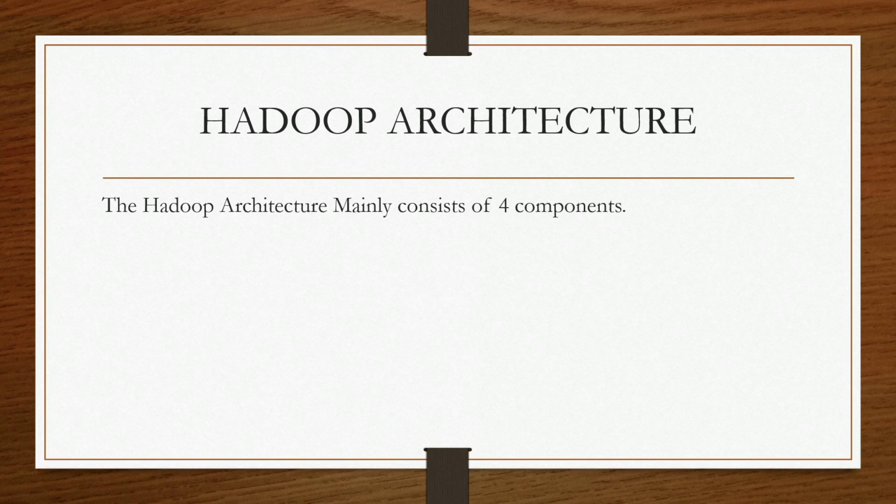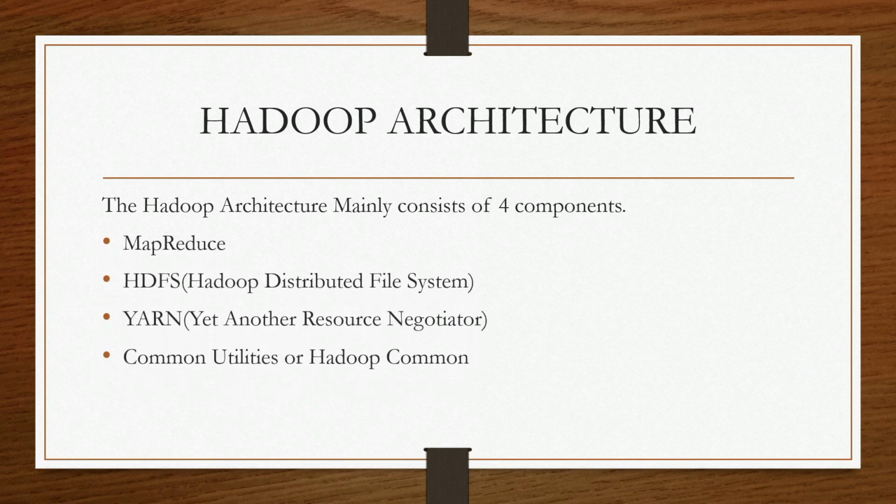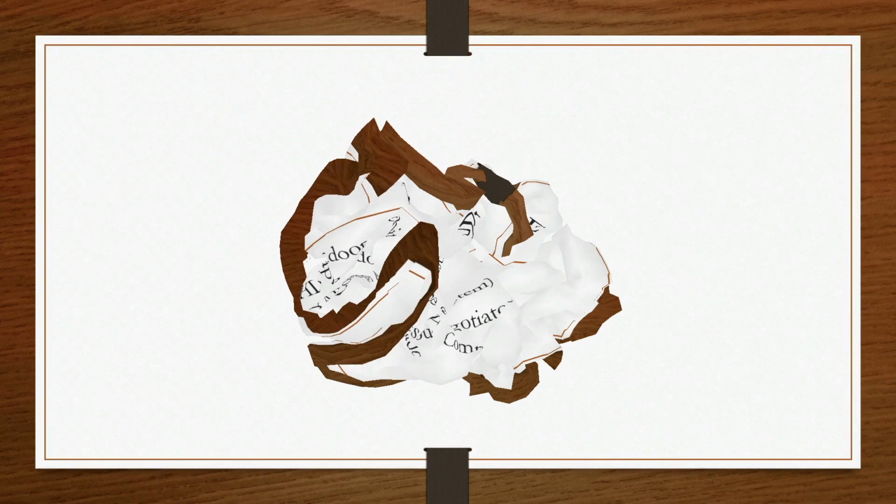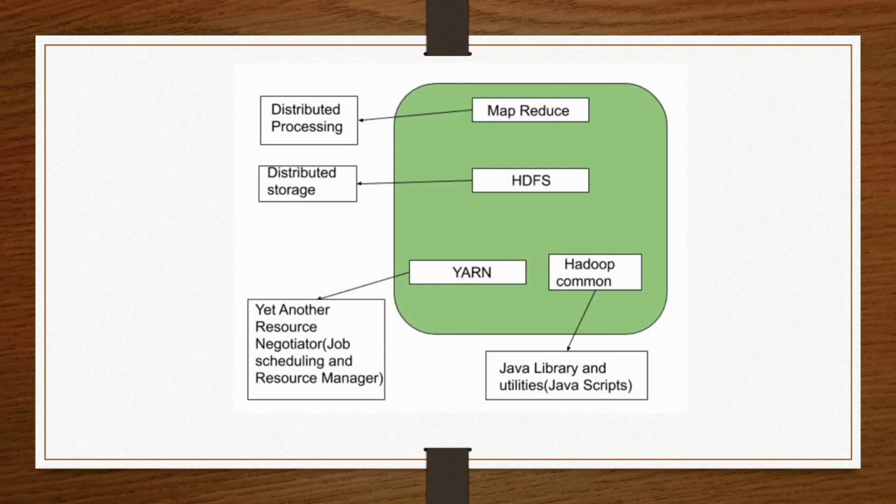The Hadoop architecture mainly consists of four components: MapReduce, Hadoop Distributed File System, Yet Another Resource Negotiator, and common utilities, or Hadoop Common. MapReduce is mainly used for distributed processing, whereas the Hadoop Distributed File System is used for distributed storage.